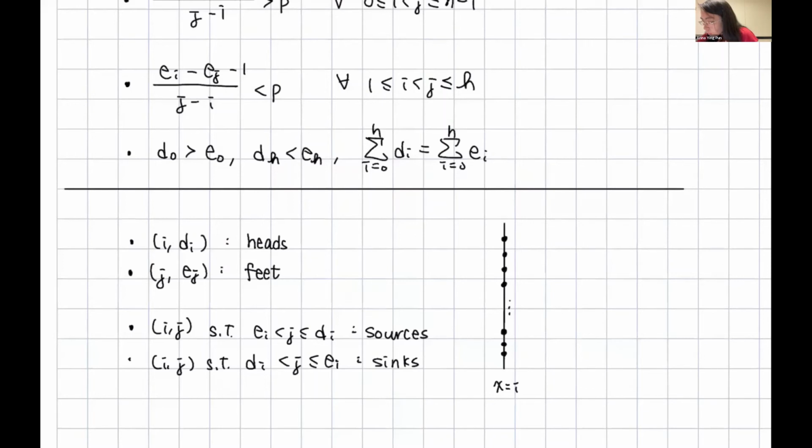The top guy here is the head. This guy is the foot. This is the case if Di is bigger than Ei. So if your head is above your feet, then all these guys are called a source.